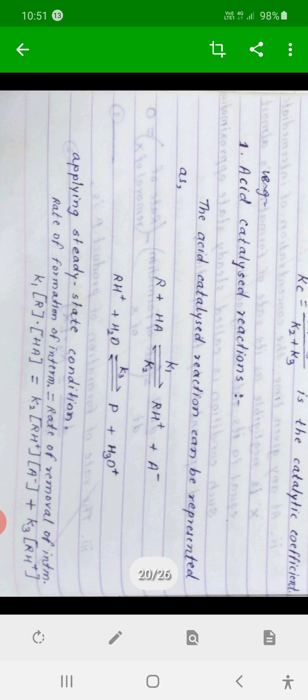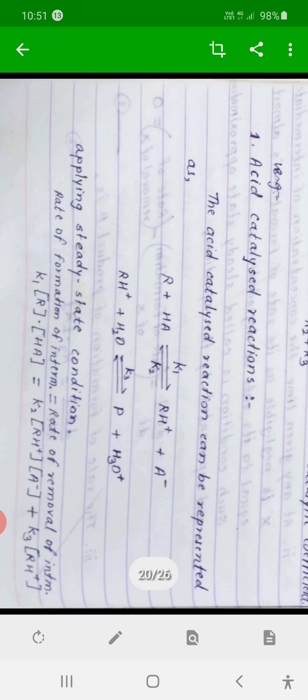Now, in the same way, we discuss the mechanism for acid catalyzed reactions. After this, we apply the same criteria for base catalyzed reactions and enzyme catalyzed reactions.